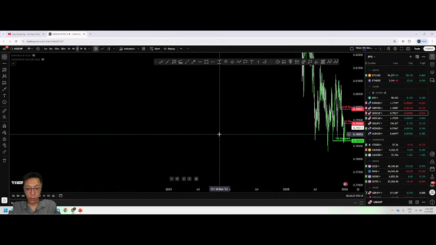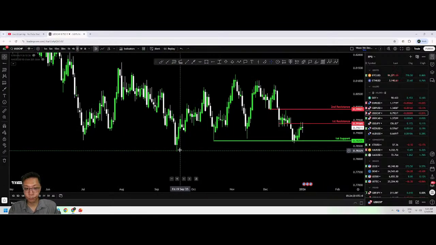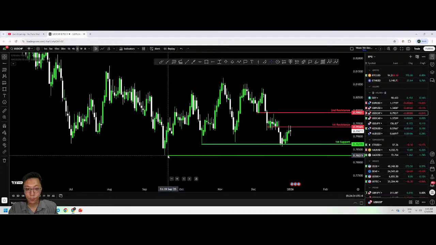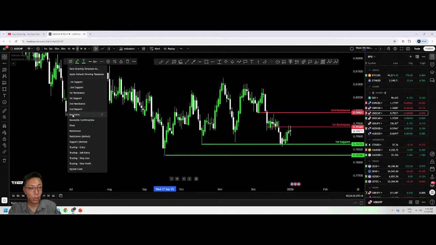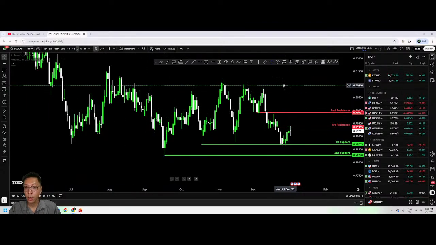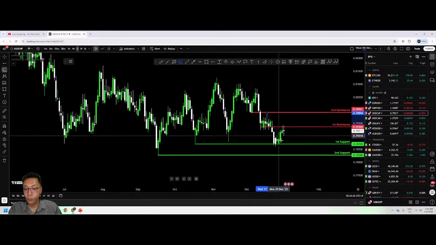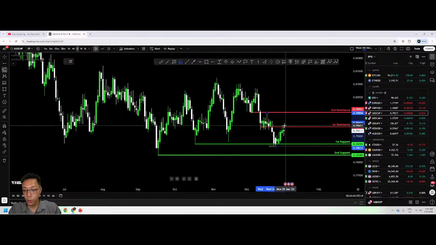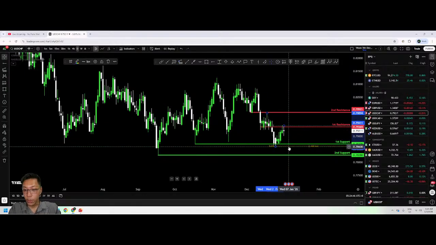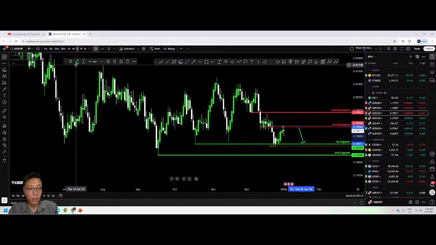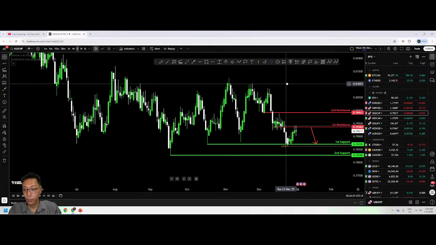Let me see if there is anything else below. Okay, I think we shall use this as the second support. If I were to mark out my projection level, you can see price might definitely drop at least towards this first support level, so we shall label this as it going down.